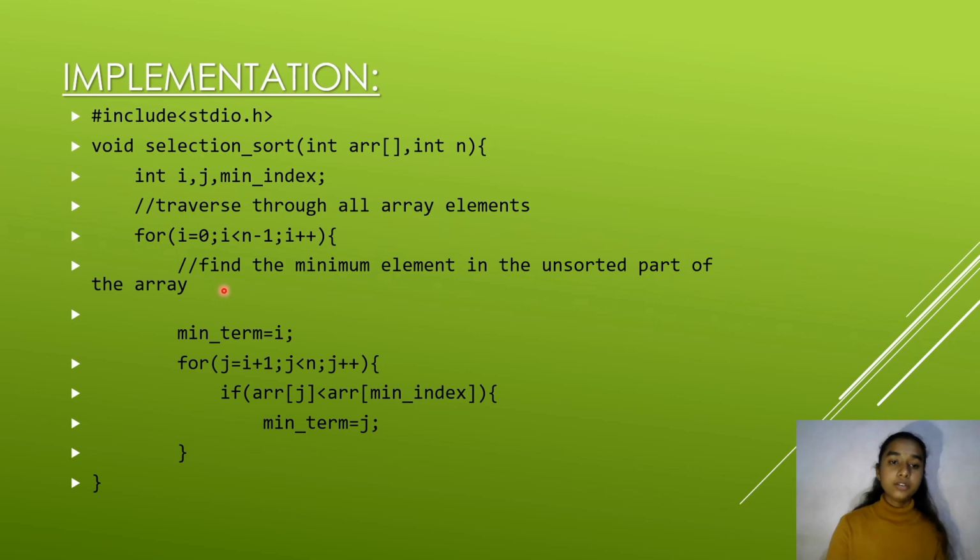And for finding the minimum element in the unsorted part of the array, we are using min index equals i, and again we are using for j equals i plus 1, j less than n, j plus plus. If array of j is less than array of min index, min index equals j. For finding the minimum element in the unsorted part, we are using these conditions.